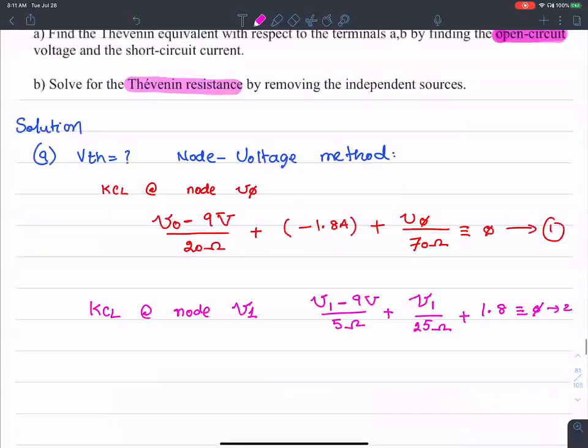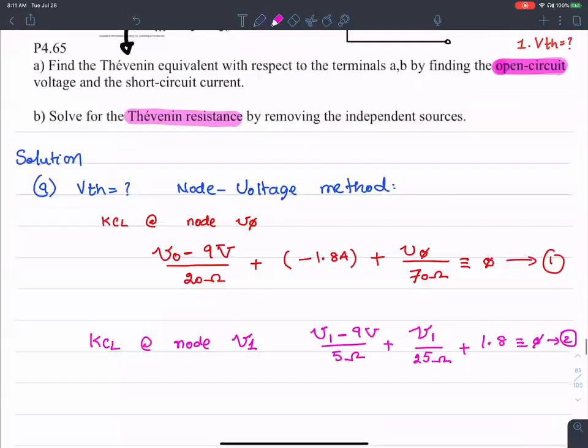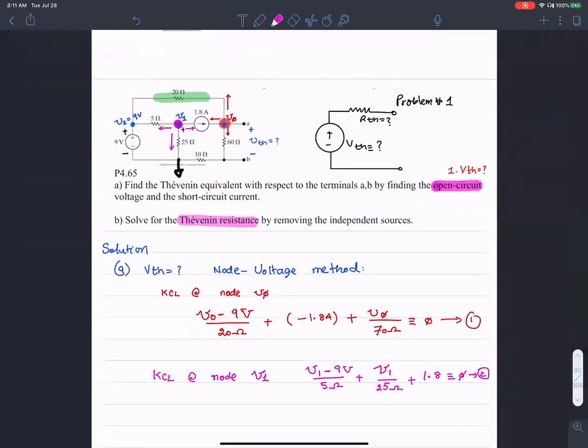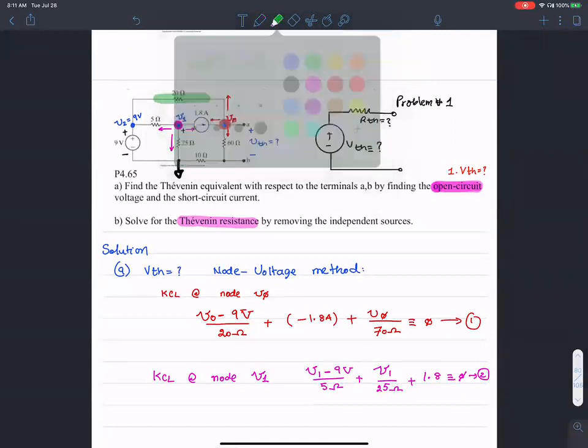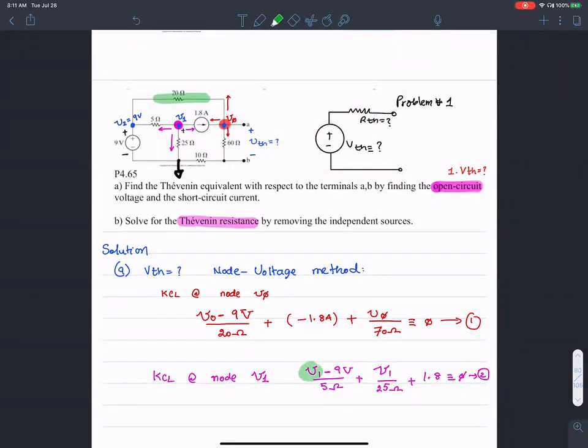So there are two equations. What are the unknowns? I have V1 and V0 as my unknowns. So I should be able to get the values for V1 and V0.